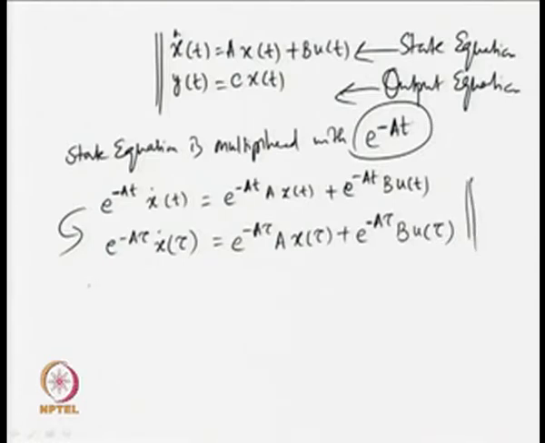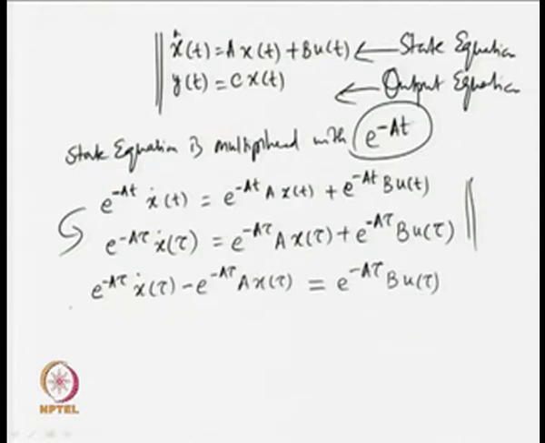Now, when I collect the terms in this fashion, e to the power minus a tau x dot tau minus e to the power minus a tau a x tau is equal to e to the power minus a tau b u tau.